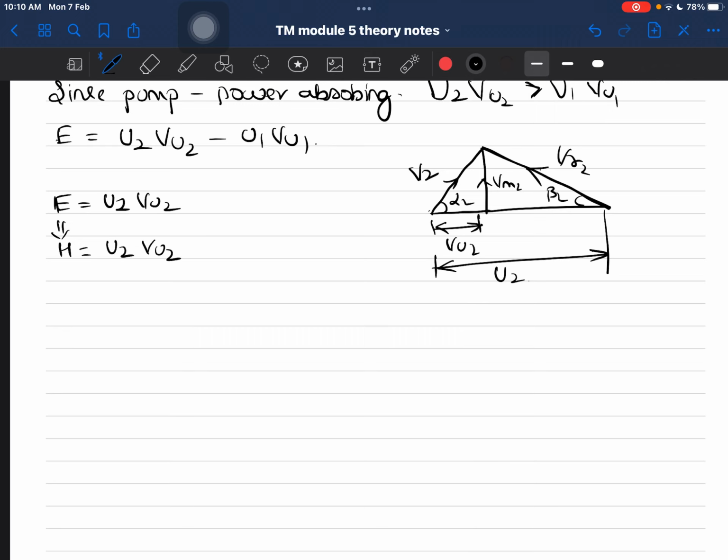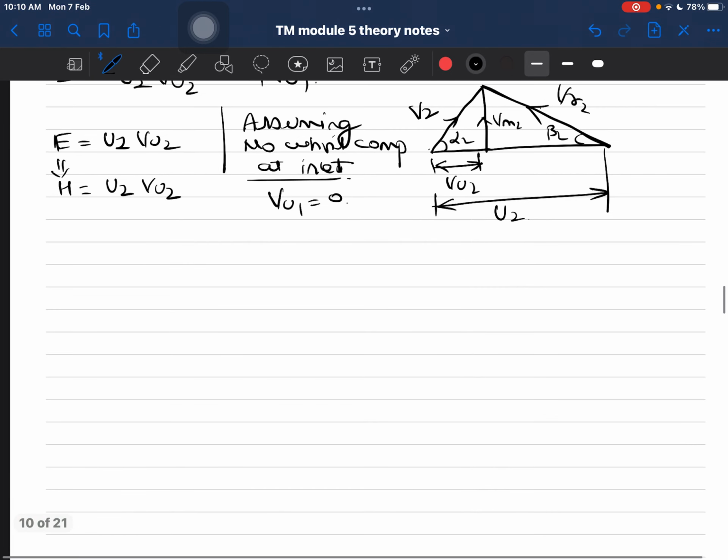And why I am not taking U1 VU1 is we are assuming no whirl component at inlet. So as we are assuming no whirl component at the inlet, VU1 becomes 0.